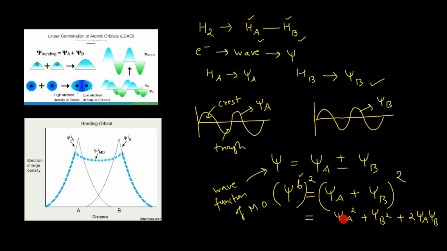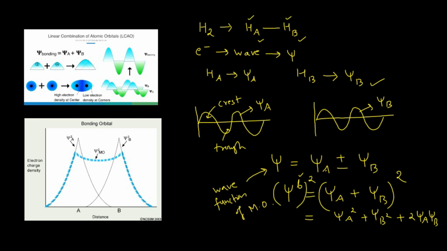This psi A square is the probability density, or the electron density, in the hydrogen atom A, which is this particular one. And this psi B square is the electron charge density in atom B. When I combine these two, I form the molecular orbital, and this is the increased electron charge density.